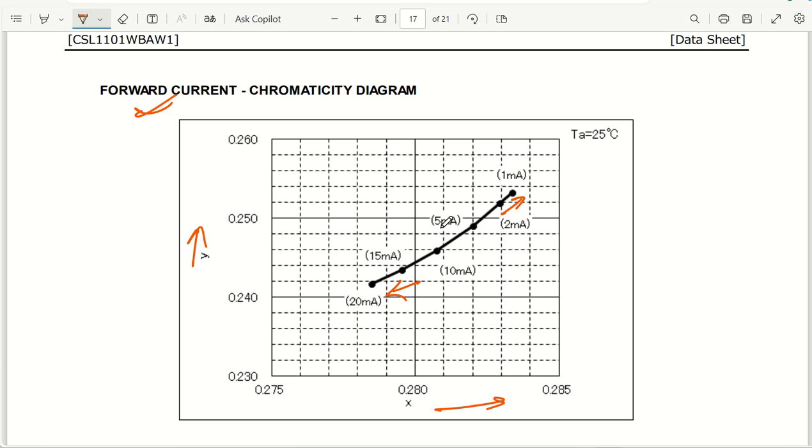So I suggest you keep the chromaticity around the middle, which is around 10 milliamperes or so, which is 0.285 or 0.287 and 0.27. So 0.27 and 0.285 is your x side and 0.27 is for the y side.